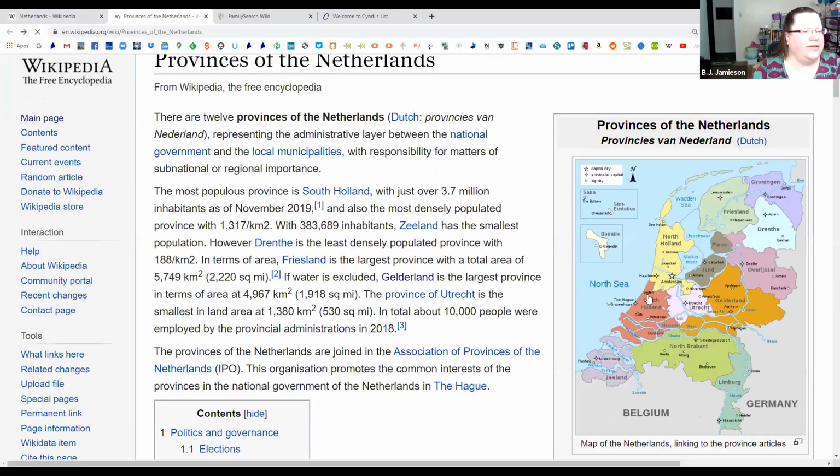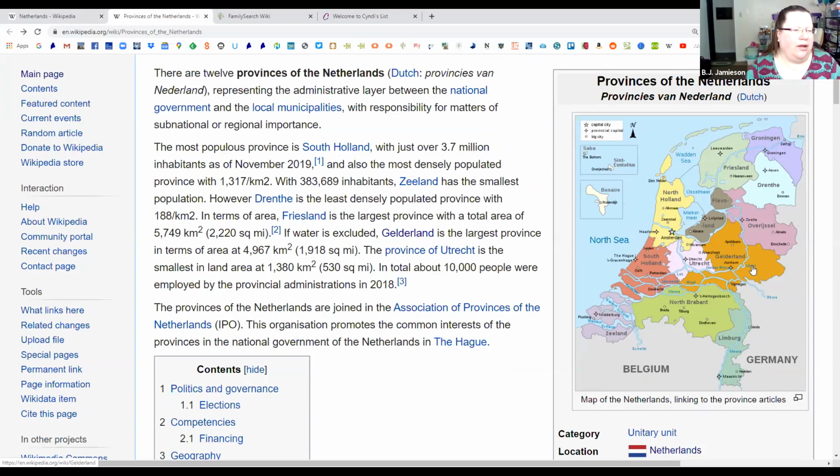It gives me an idea that these are probably the equivalent of somewhere between states and counties in the US in terms of internal structure. And each of these will link to an article about that province.